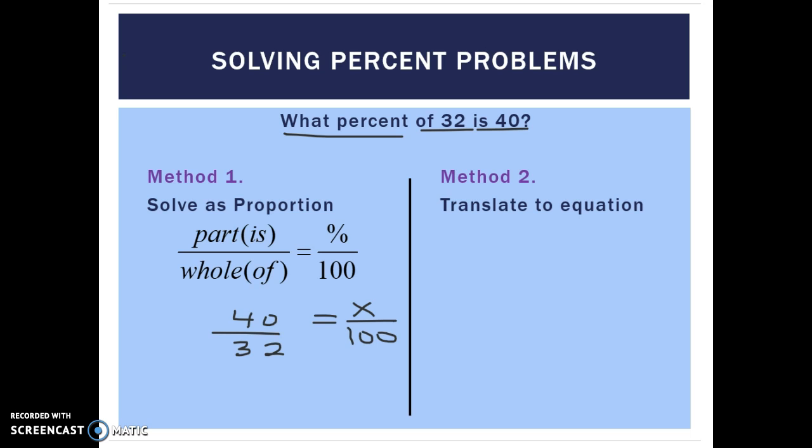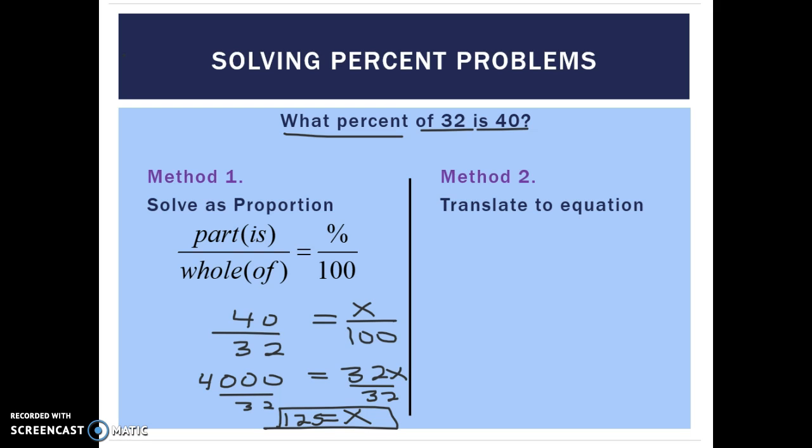And then cross multiplying, 40 times 100 is 4,000. And then 32 times x is 32x. And then if we divide both sides by 32, you end up with 125. X is equal to 125. So it's 125% of 32.